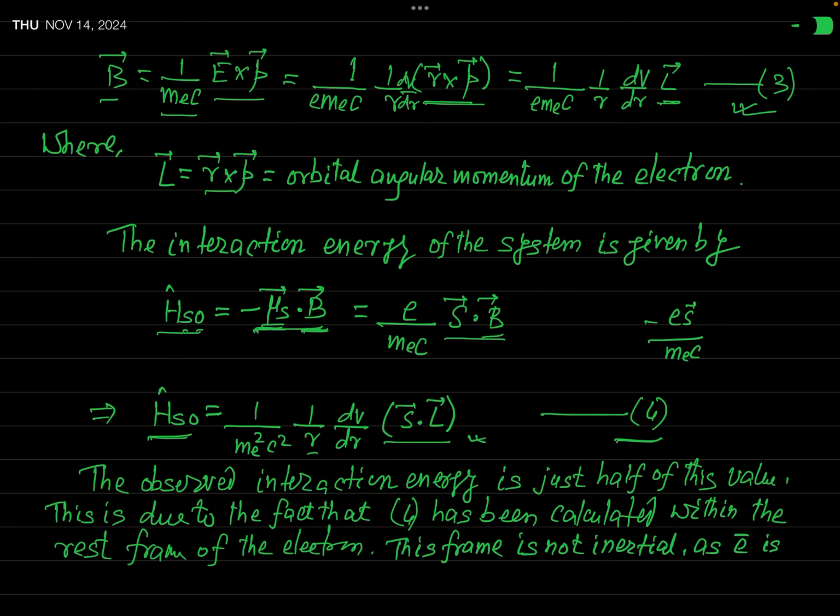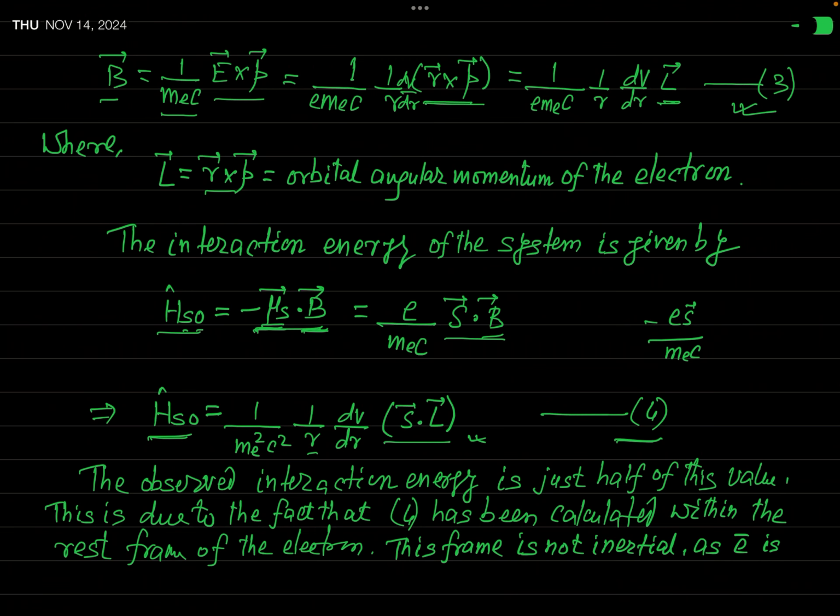But this frame is not inertial, because according to Bohr's model, the electron moves in a circular orbit, and in a circular orbit the electron will definitely have centripetal acceleration, or you can say that its motion is accelerated while moving in this circular orbit around the nucleus. And therefore the treatment of the electron's frame as a rest frame is not appropriate. Okay.